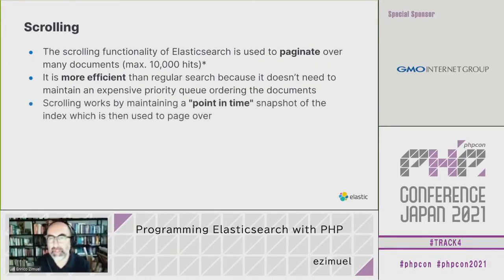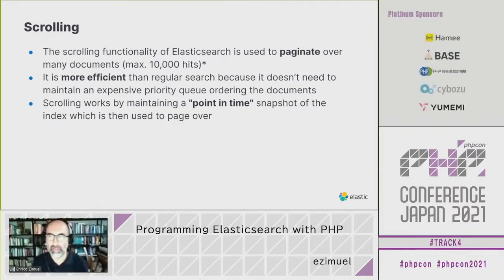Scrolling works by maintaining a point-in-time snapshot of the index, which is then used to page over. What does that mean? When you search some information in Elasticsearch, Elasticsearch itself provides a snapshot of this search in order to give you the same results when you paginate over and over. Because imagine that you have a database in Elasticsearch that is updated continuously, so the frequency of the update is very high. If you are searching for information and paginating over and over, maybe the results can change because in the meantime the information has changed in Elasticsearch.